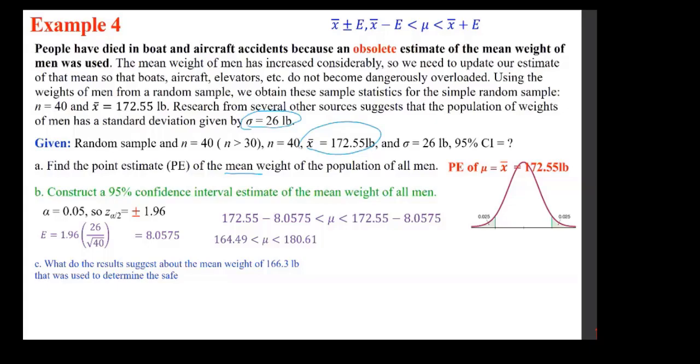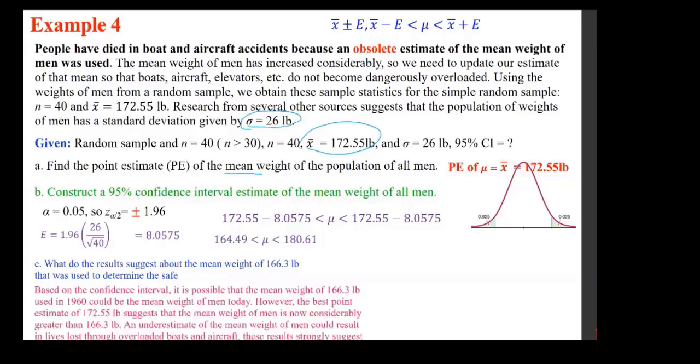What do the results suggest about the mean weight of 166.3? Notice 166.3 is in between. So based on this data, it could happen that the mean is in between. But notice it's extremely close to the left. That's another thing that is important. Based on the confidence interval, it is possible that the mean weight of 166.3 pounds used in 1960 could be the mean weight of men today.